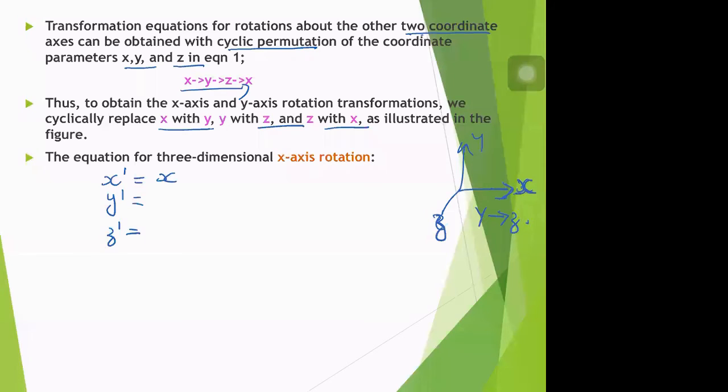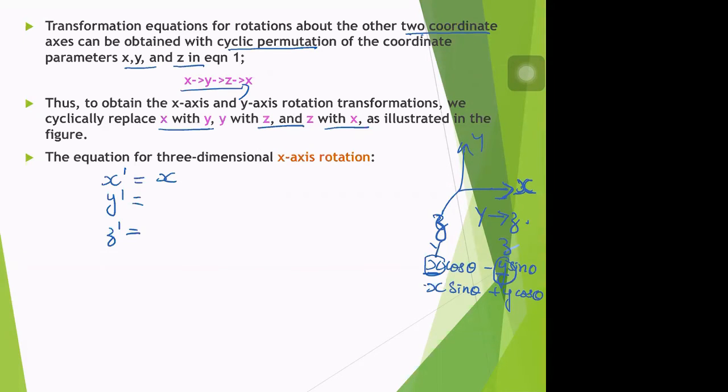What will be y dash? Keep the same formula. What was our formula? x cos theta minus y sin theta, x sin theta plus y cos theta. Replace it. That time we rotated with respect to x and y. Now we are rotating with respect to y and z. So all my x will be replaced by y, and all my y will be replaced by z. That's all.